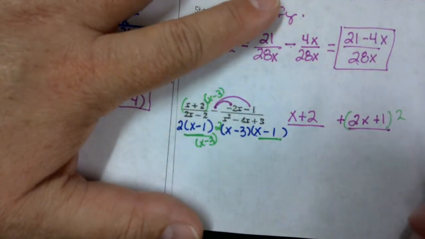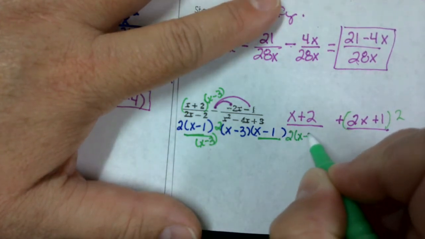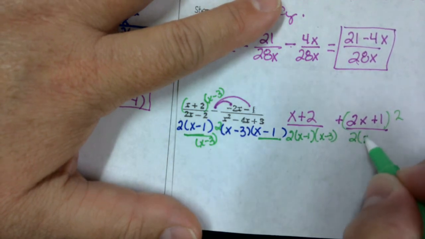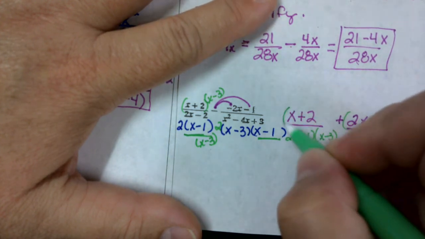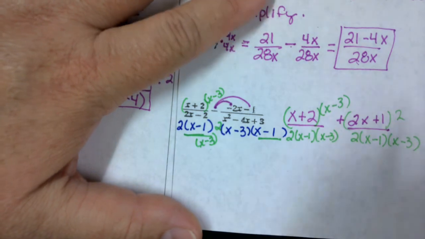Okay? So my common denominator is 2 times x minus 1 times x minus 3. And the x plus 2 needs to be multiplied by the x minus 3, and I already wrote my 2 over here.